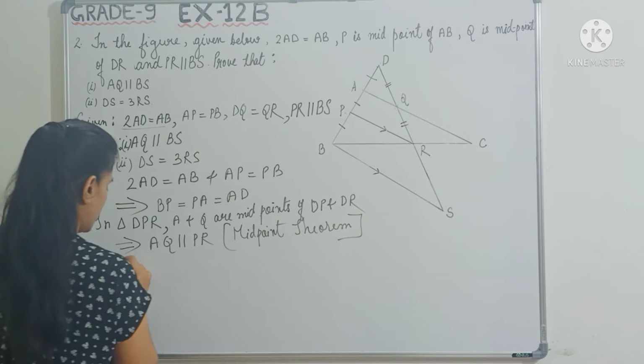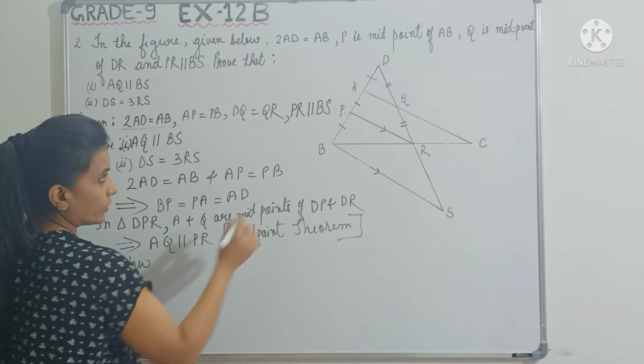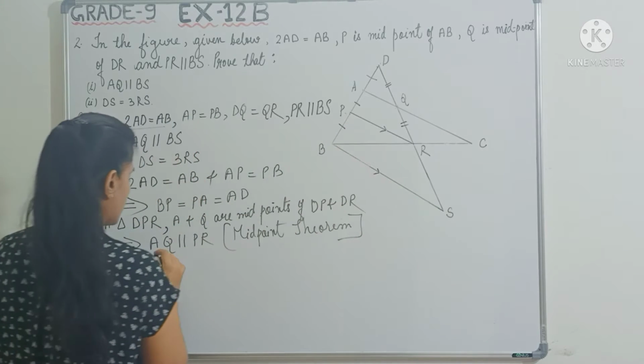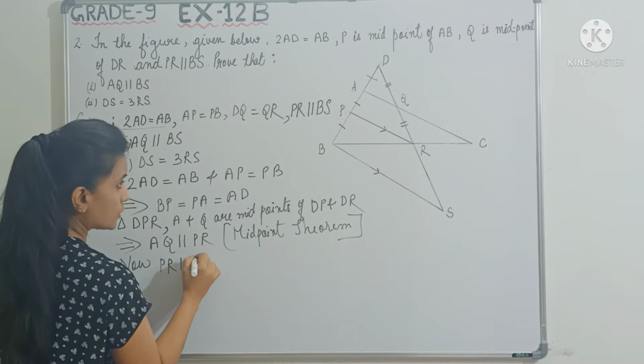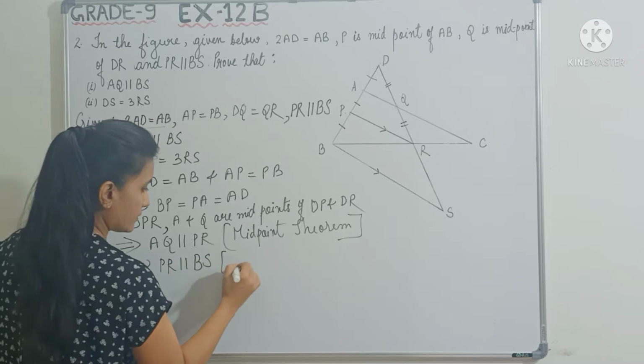Alright, now we know that PR is parallel to BS. Why are they parallel? It's given.